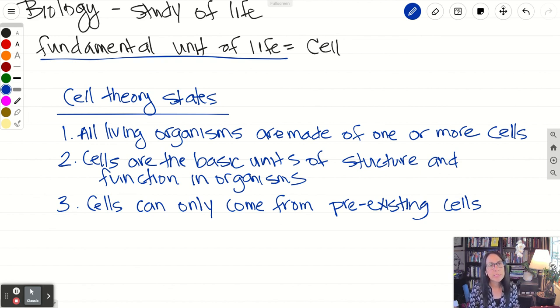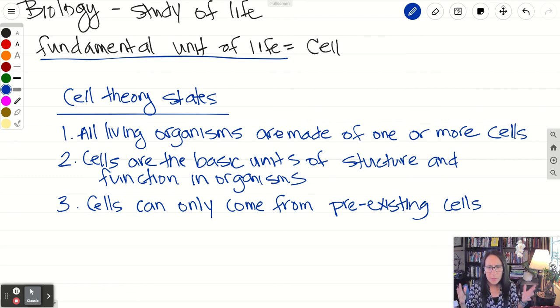It also means that one cell can only make a new cell of the same type. So for example, humans can only have a human baby, right? Or horses can only have a horse baby. A bacteria can only make another bacteria baby, okay? And bacteria can't just come out of nowhere. It has to come from another bacteria, like a parent bacteria.